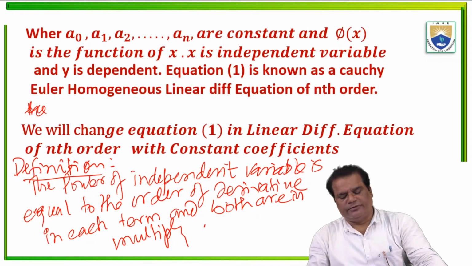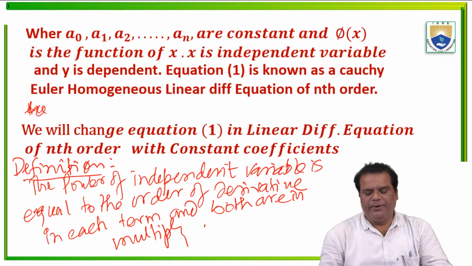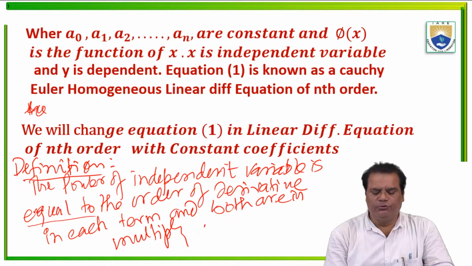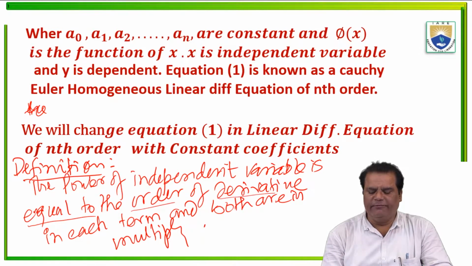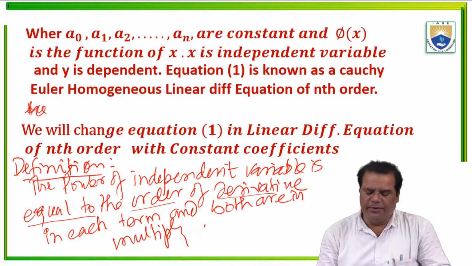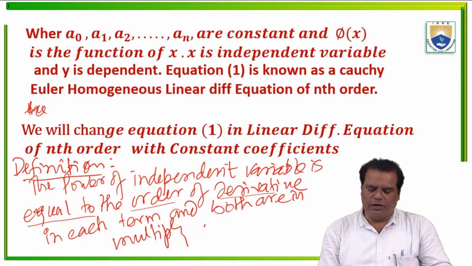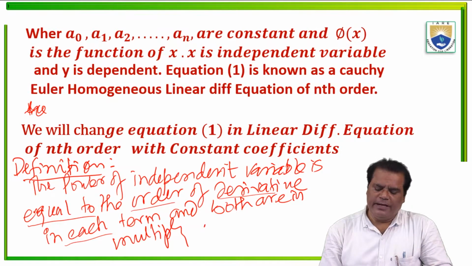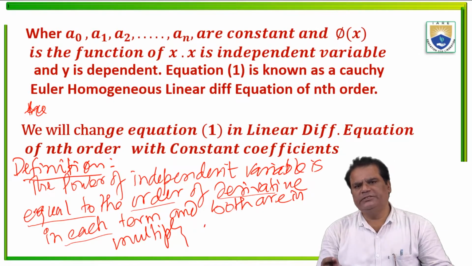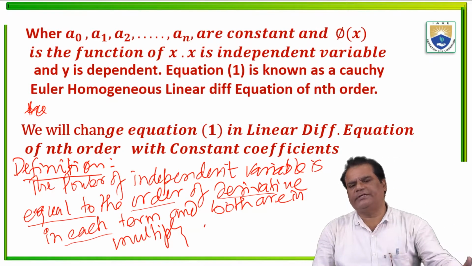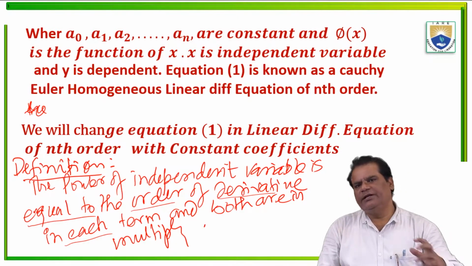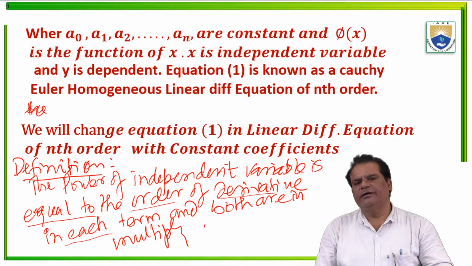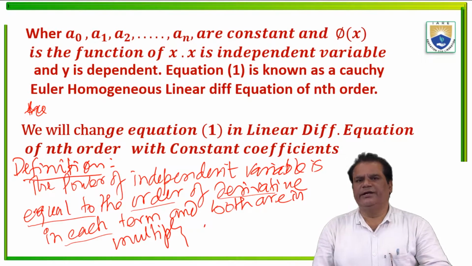This is the definition. The power of the independent variable is equal to the order of the derivative in each term, from the first term to the last term on the left side, and both are multiplied. Then this linear differential equation is known as a Cauchy Euler homogeneous linear differential equation.